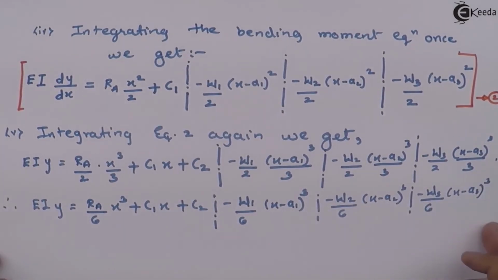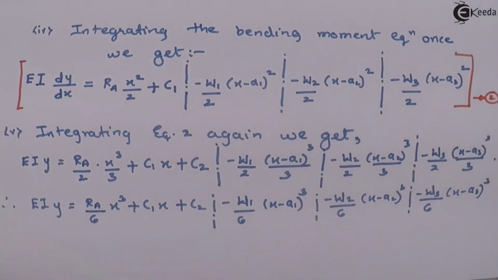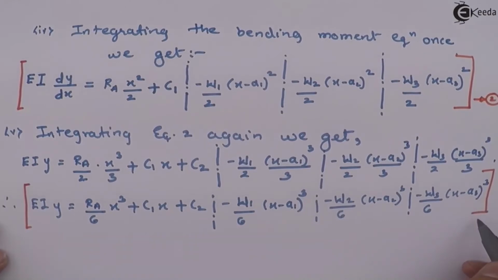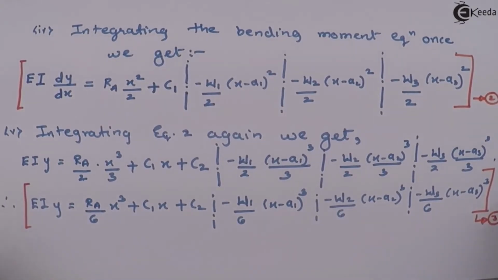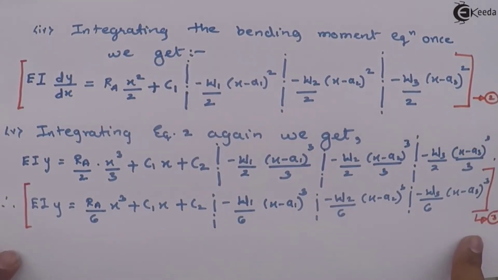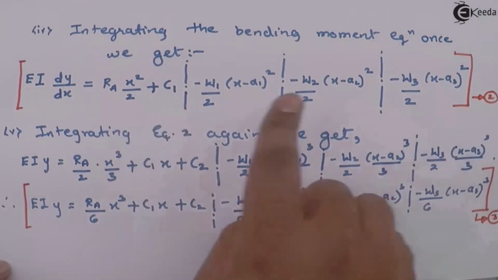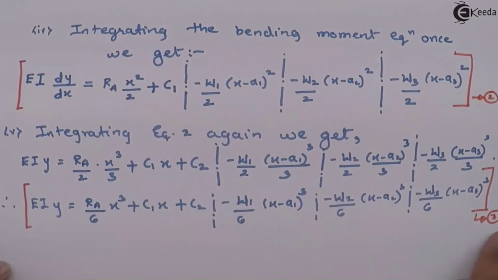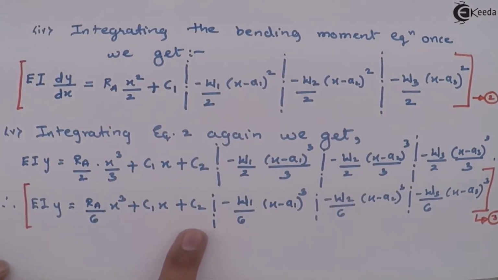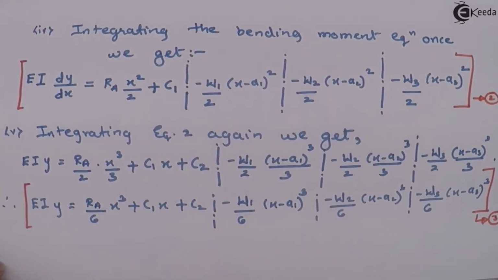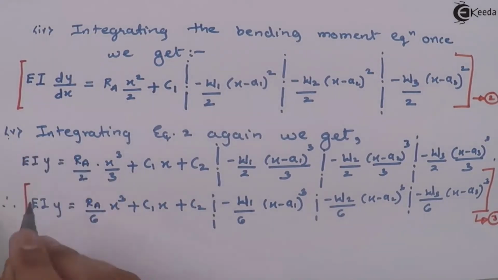So now here also we have an equation, I'll call it equation number third. Next, if we look at equation second and equation third, in both the equations we are having constants. In equation 2 we are having c1, in equation 3 we have c1 and c2 both, so we need to find these constants.